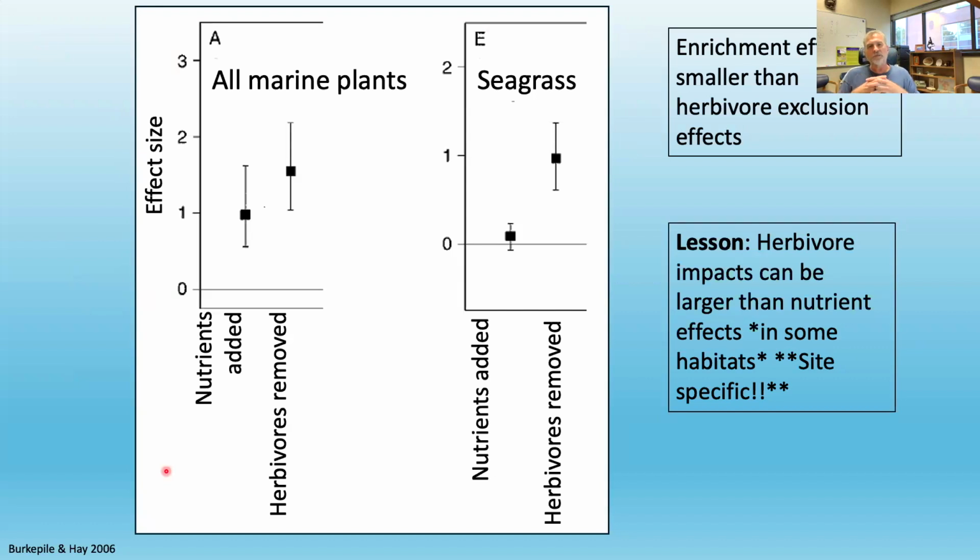However, as you're seeing here, where seagrasses are highly elevated, this is a relatively small N, right? So this study doesn't necessarily reflect what you might see across the range of seagrass communities globally, for instance. But again, generally, the enrichment effects are smaller than the herbivore effects, okay?